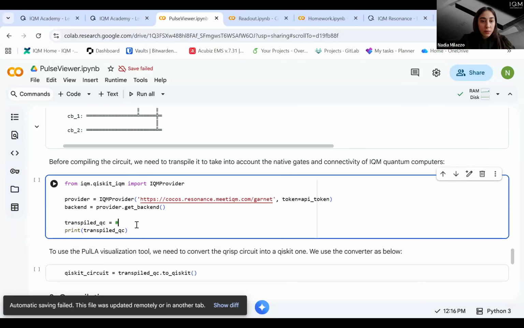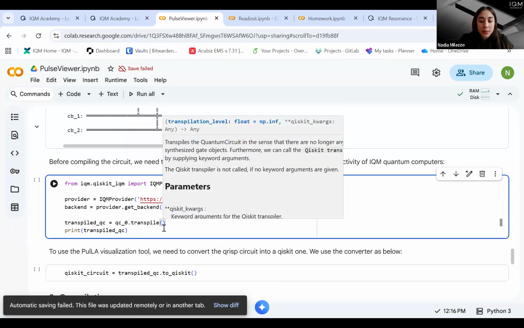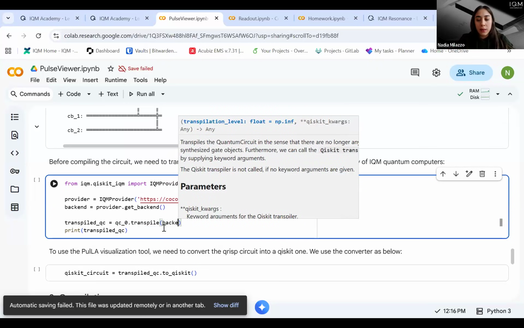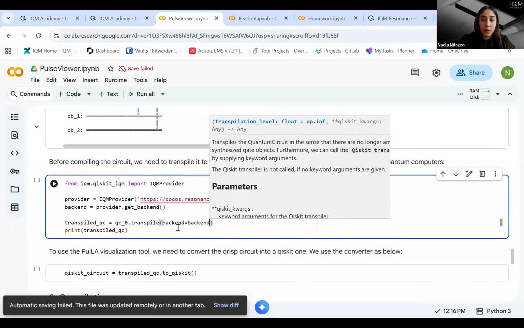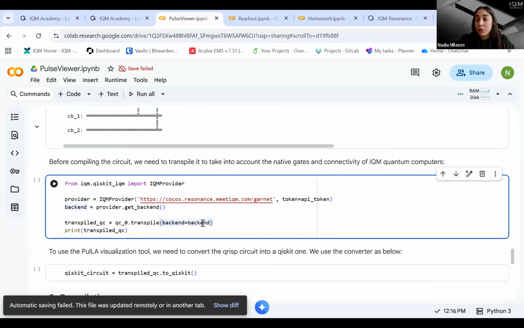And we can do this by calling the transpile. And here inside the brackets, we will call backend equal backend, because here I called it the same. So this is the option to specify towards which backend we want to make the transpilation.